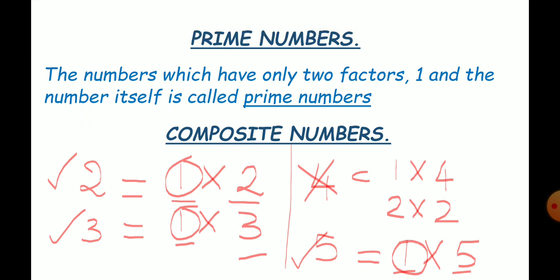So the numbers which have only two factors, one and the number itself, are called prime numbers. Okay. So now I have given you a few examples for prime numbers: 2, 3, 5. Like that you find the remaining prime numbers from 1 to 10.